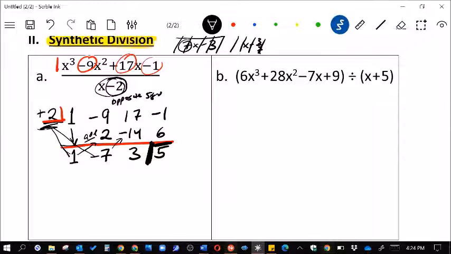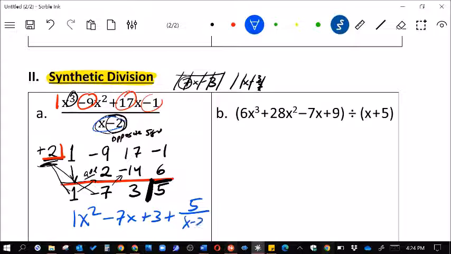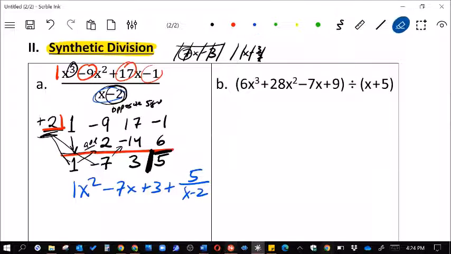So what I have here is like this was an x cubed. So this one is called a depressed polynomial. We do the 1 and we do an x squared minus 7x plus 3 plus 5 over the divisor, x minus 2. We don't need the 1 though.